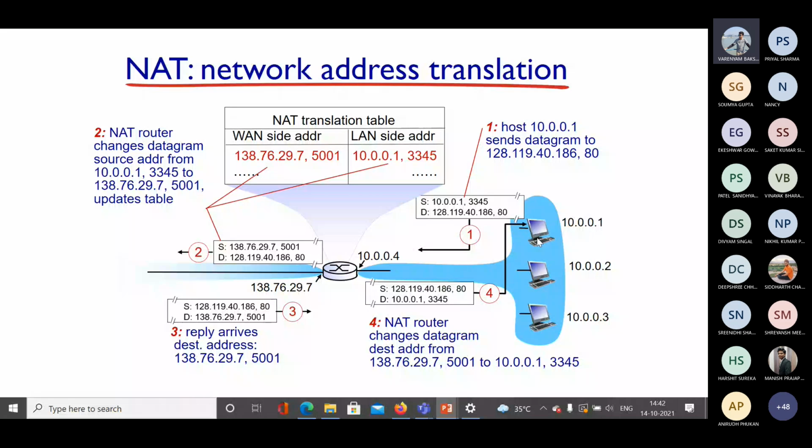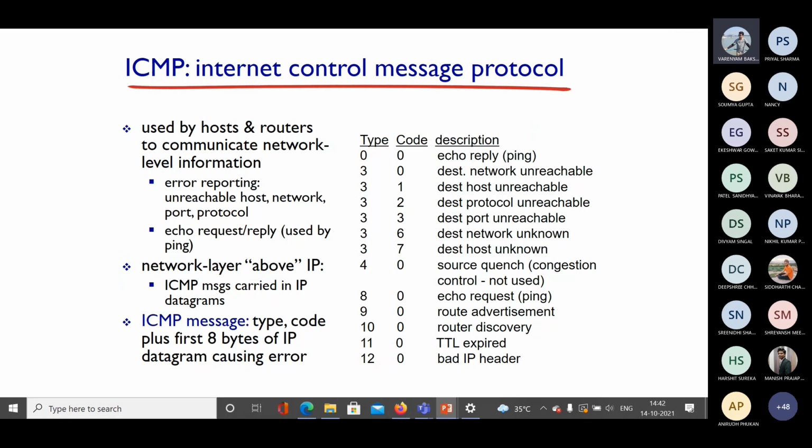So the NAT router will change the datagram destination address from 138.76.29.7 to 10.0.0.1, with port number 3345, and it will be sent to that destination. This is how NAT translation happens. All right.